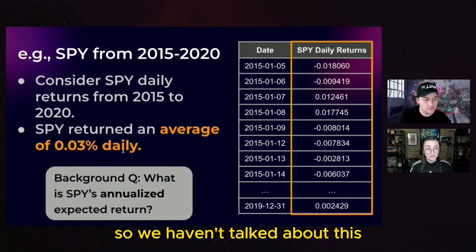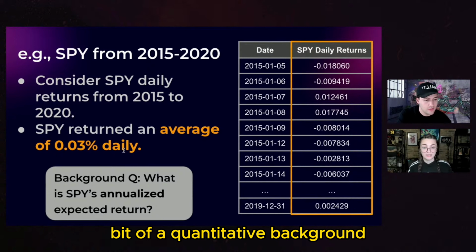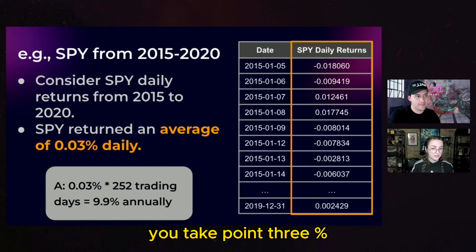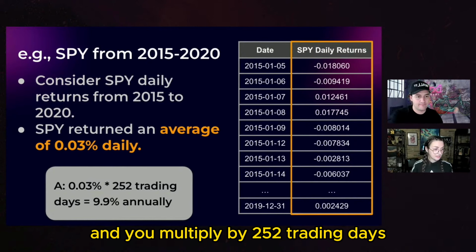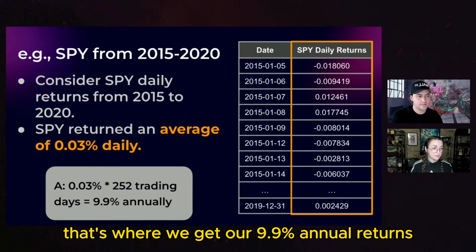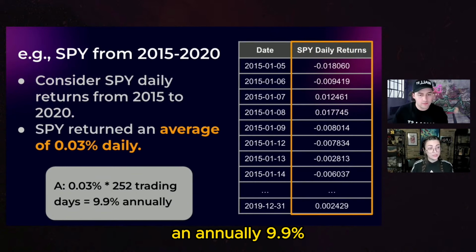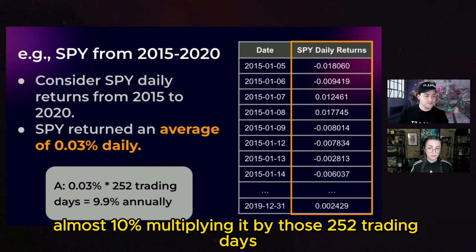We haven't talked about this, but for people who might have a little bit of a quantitative background, what is SPY's annualized expected return in that case? So you take 0.03% and you multiply it by 252 trading days, and that's where we get our 9.9% annual returns. So on average, daily, SPY returned 0.03%, and annually 9.9%. So almost 10%, multiplying it by those 252 trading days.